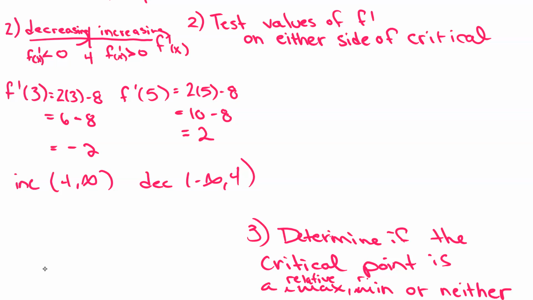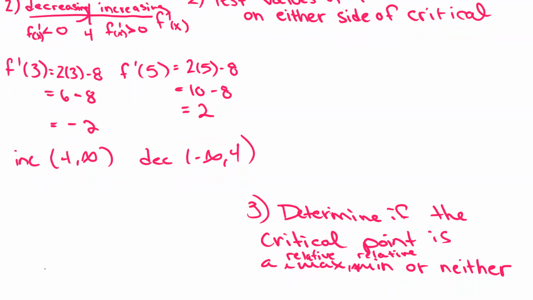So I should have written that, I'm sorry. So we're going from decreasing to increasing. So if we want to imagine we're decreasing, and then at 4, we're 0, and then we're increasing because we're positive. This point is going to be a relative min.